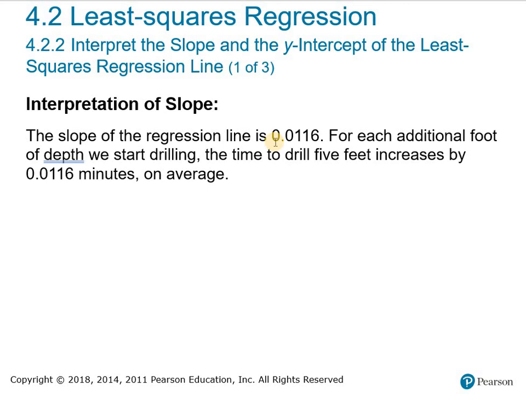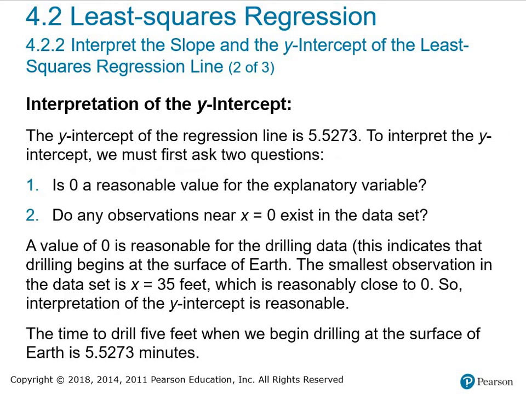So as that depth increases, I'm expecting the y value, which represents the time it takes to drill 5 feet, to increase. This is exactly how we're going to interpret the slope, depending on whether the slope is positive or negative, and it has to go with the context of the question.